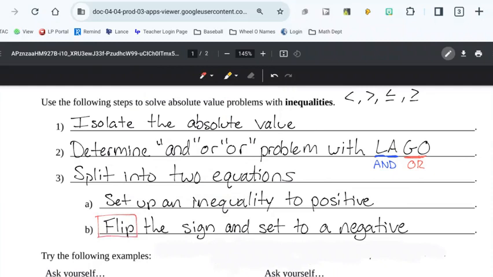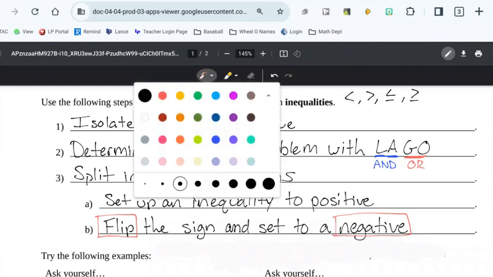When we set up this second situation, we need to flip the sign and then set it equal to a negative. So a lot of little details when solving absolute value inequalities.